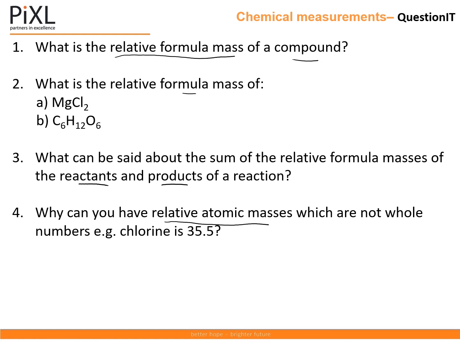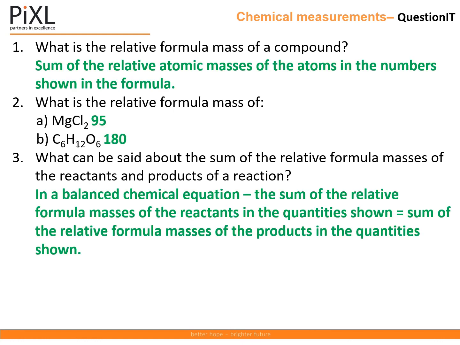So let's have a look at the answer to these calculations. The definition in terms of the exam board is that relative formula mass is the sum of the relative atomic masses of the atoms shown in the formula, like I said. If I was to do the calculation for the relative formula mass of MgCl2, I look at magnesium on my periodic table, which is 24, and chlorine is 35.5.